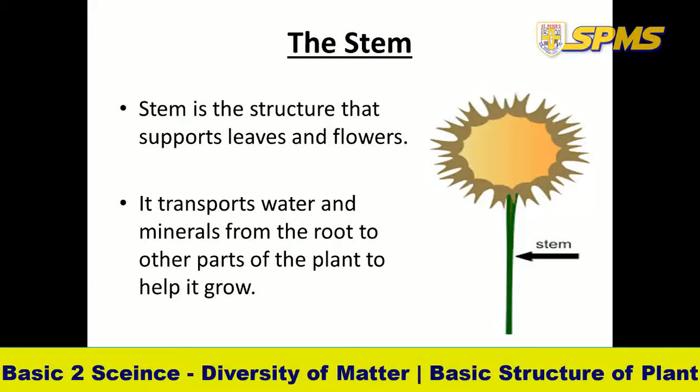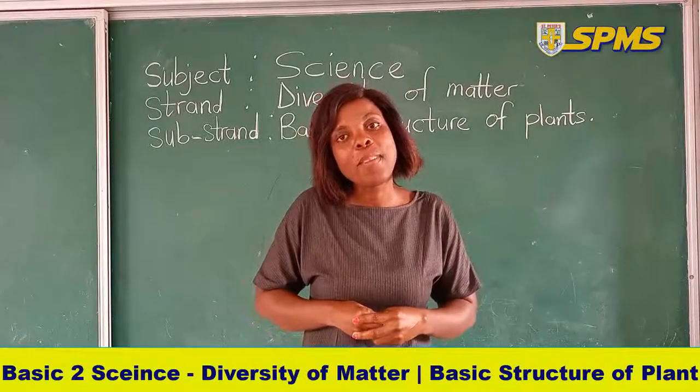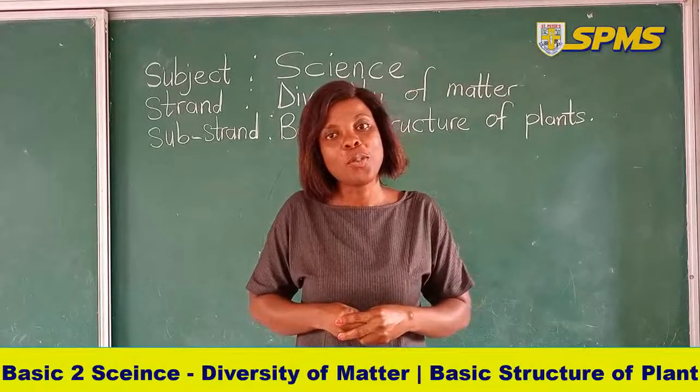It's the main part that supports the plant. It transports water and minerals from the root to the other part of the plant to help it grow. So you see how important the stem is to the plant too.